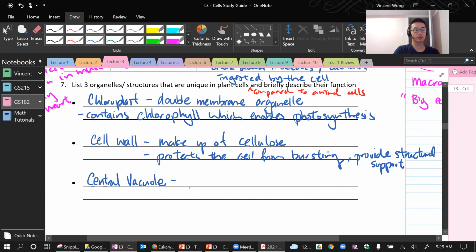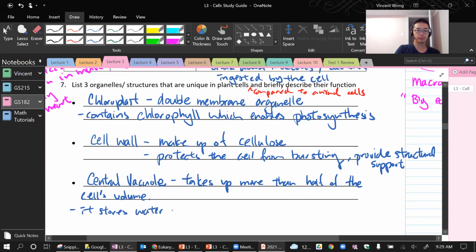The central vacuole takes up a lot of space in the cell, more than half of the cell's volume. What it does is it stores mostly water and other nutrients.